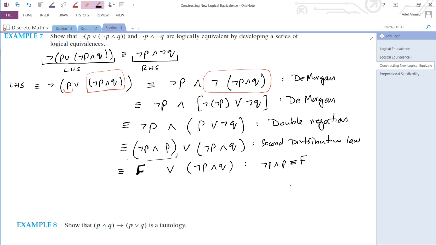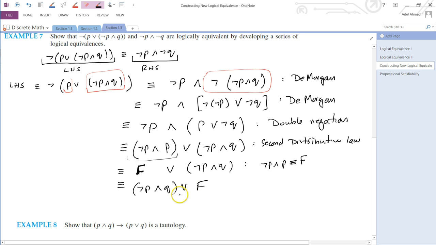Now, next what I'm going to do is I'm going to just rearrange this. So I'm going to write P, not P and Q, or F. Now I didn't rearrange it just because it looks pretty.